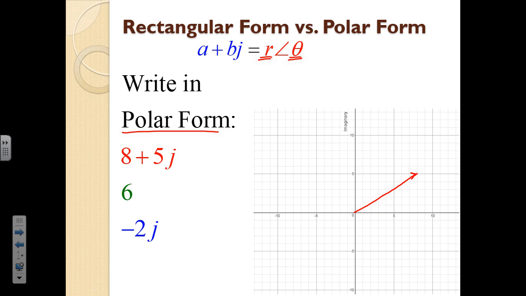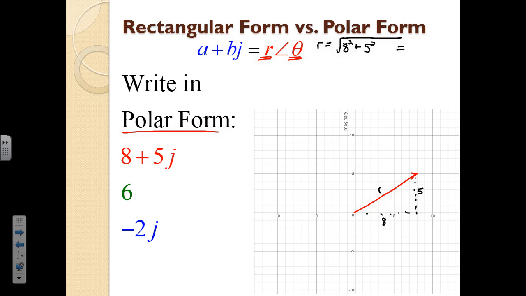You might remember from our earlier work that the radius or the magnitude of that vector is found by applying the Pythagorean theorem to that vector, where the imaginary component is 5 and the real part is 8. So we can say that our magnitude would be the square root of 8 squared plus 5 squared.